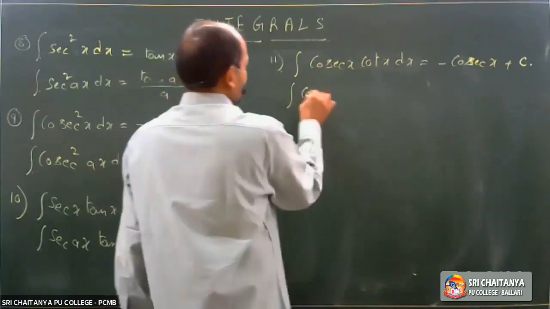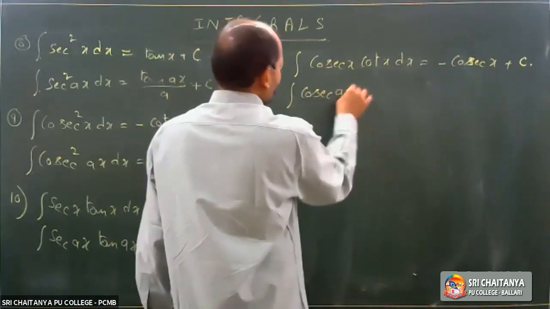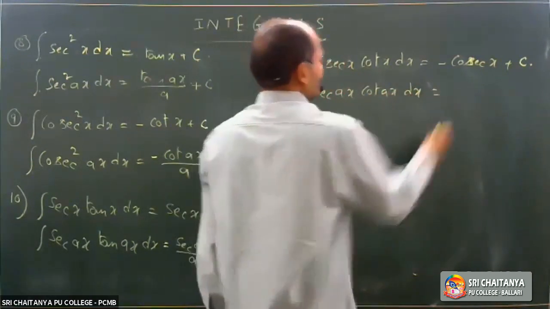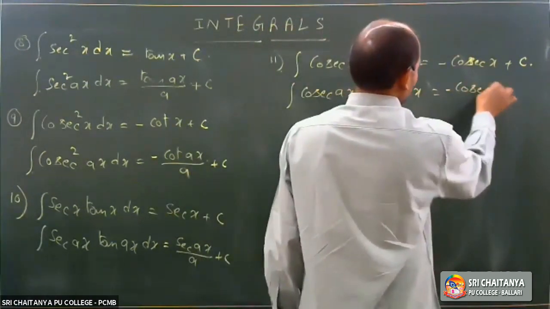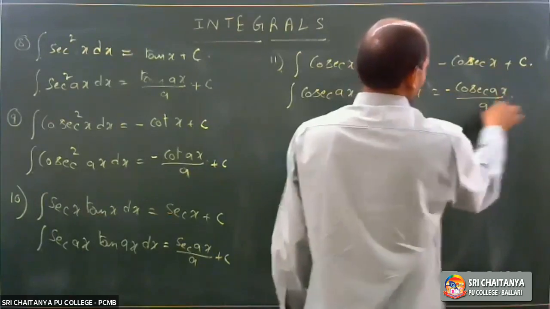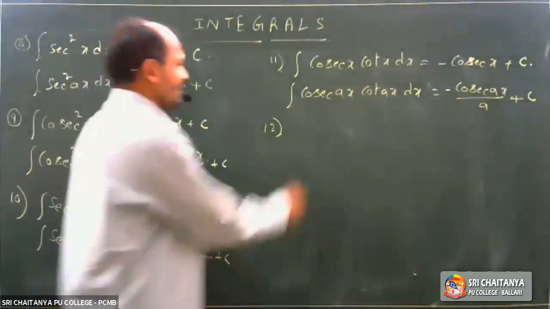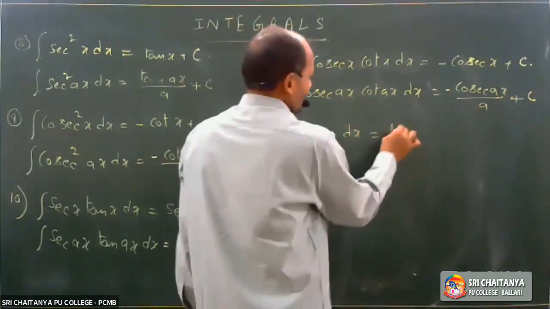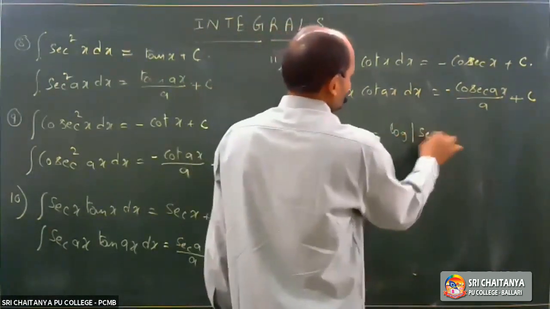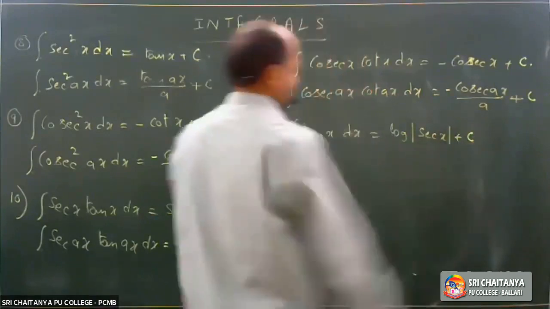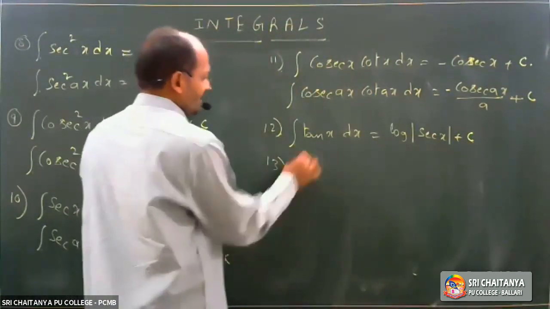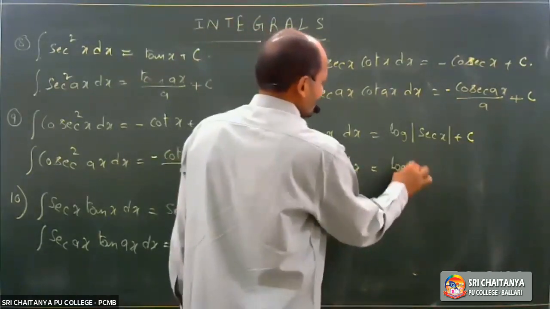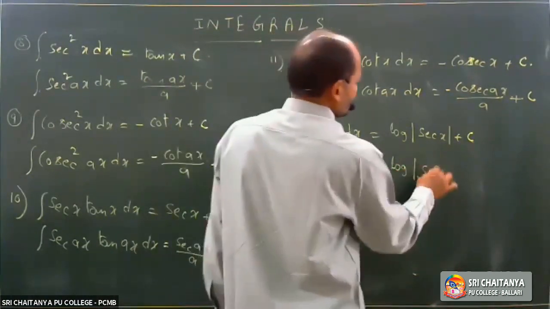Integral of cosecant ax cot ax dx is minus cosecant ax by a. Integral of tan x is log mod secant x plus c. Integral of cot x dx is log mod sin x.